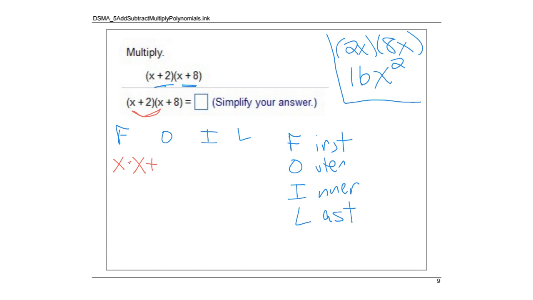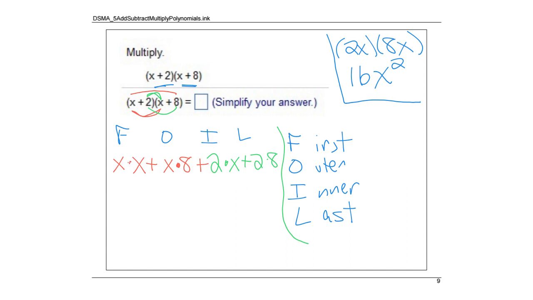Then we're going to take the two outer terms, and so that would be x times 8. Now we're going to do the inner terms. So that would be 2 times x, and then finally the last, and that would be 2 times 8.